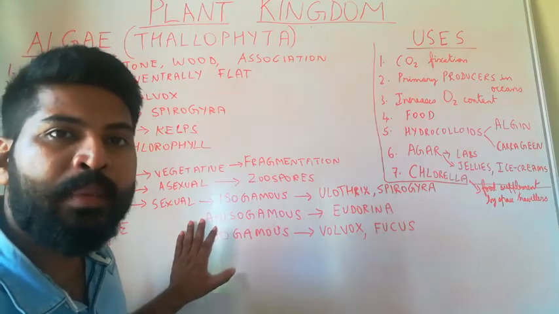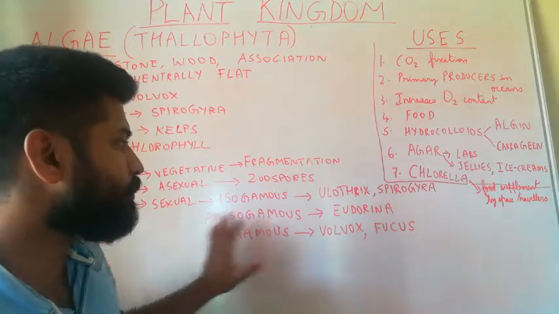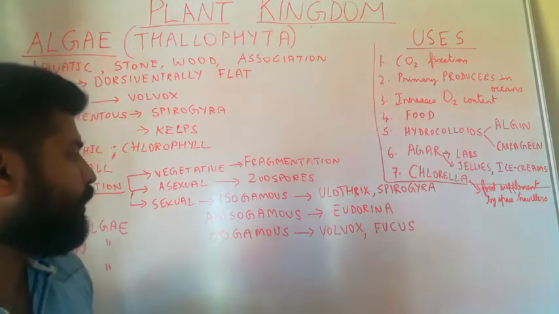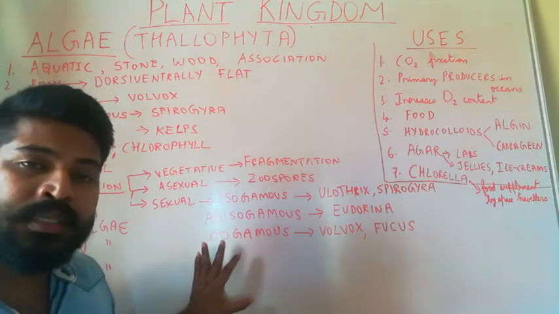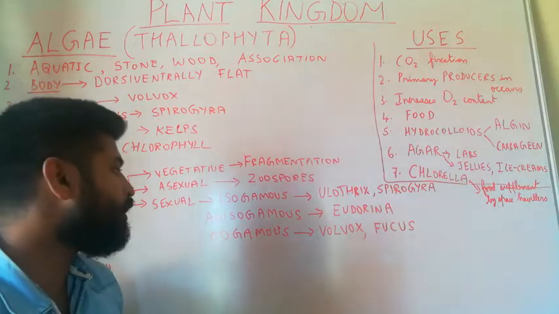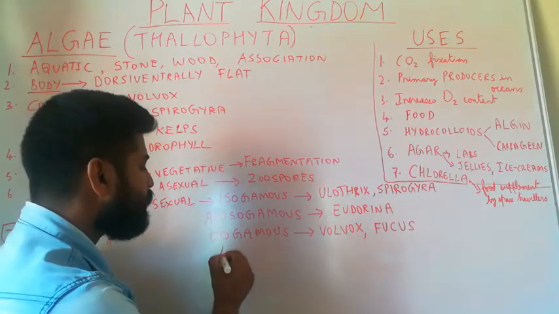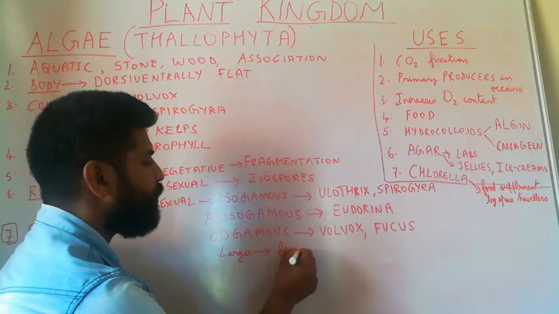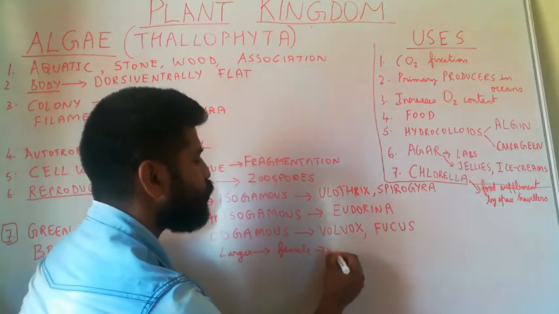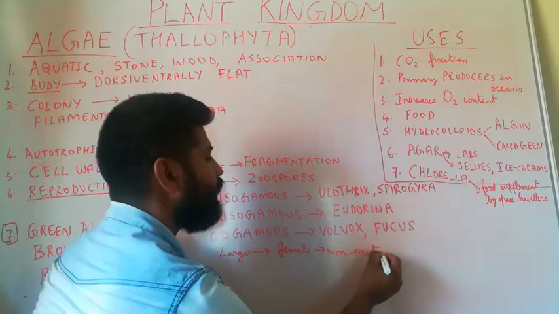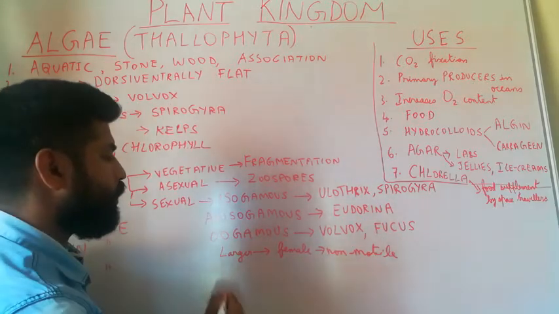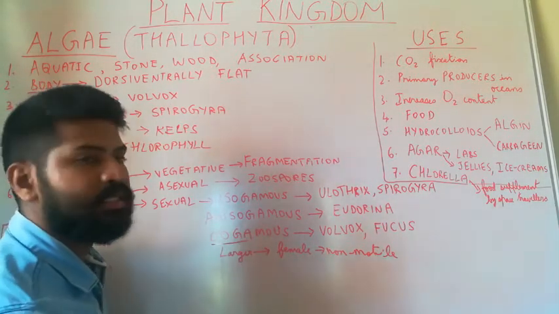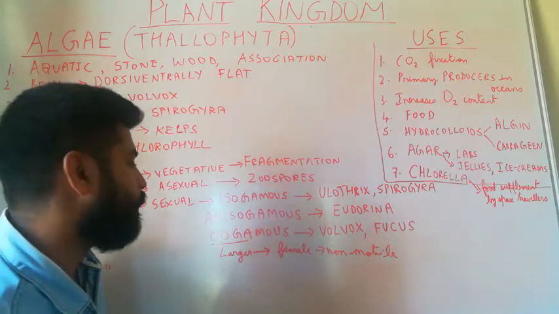Usually, the larger gamete is a female. Example, Eudorina. In the oogamous type, the larger gamete is the female and it is usually non-motile. It does not move. That's why it's called oogamous, that is the ovum.